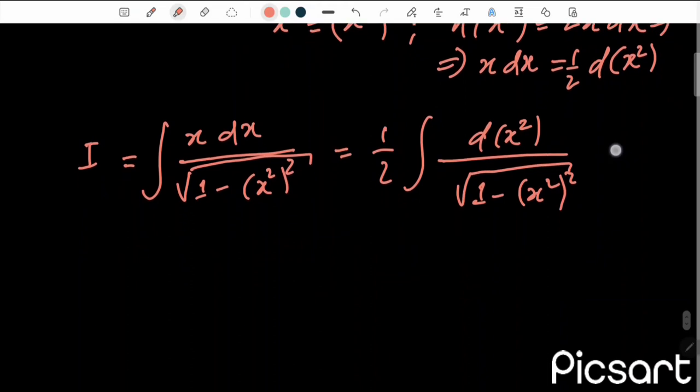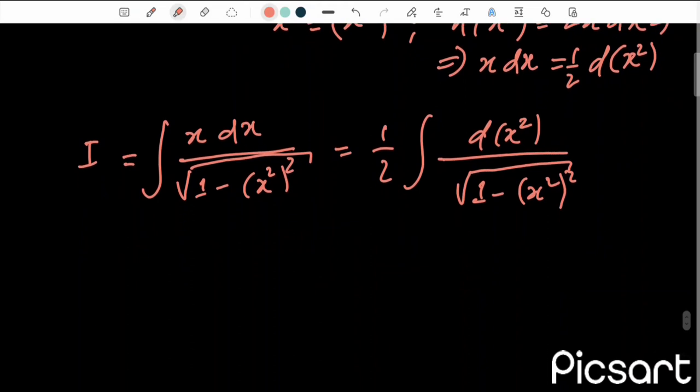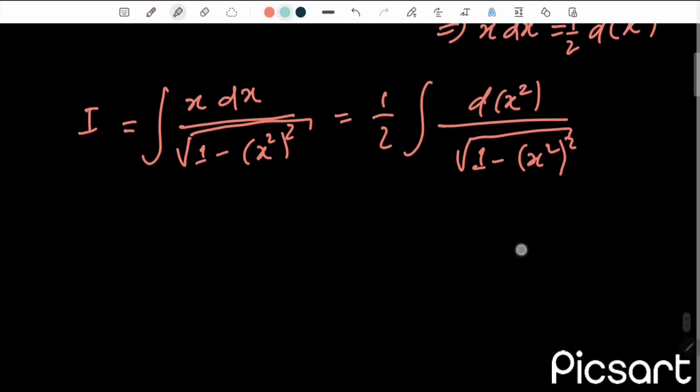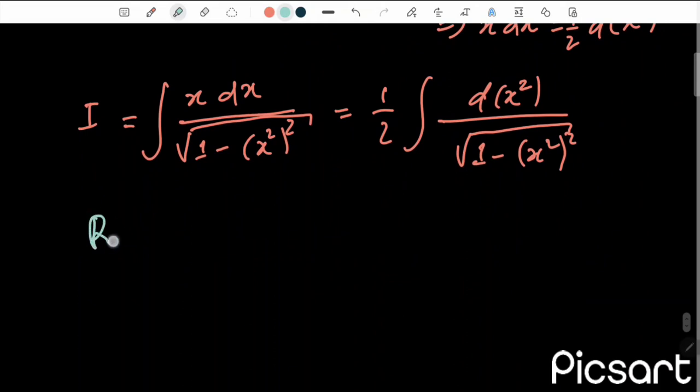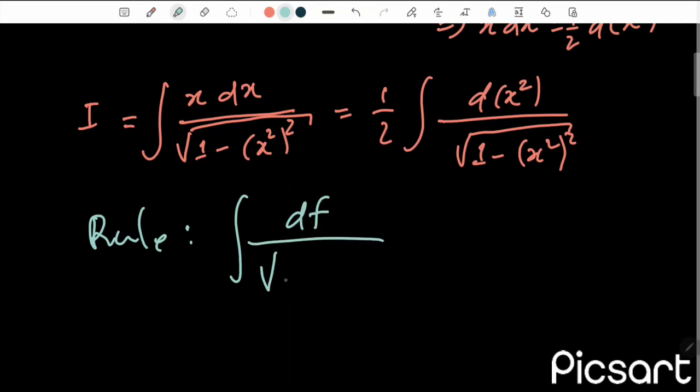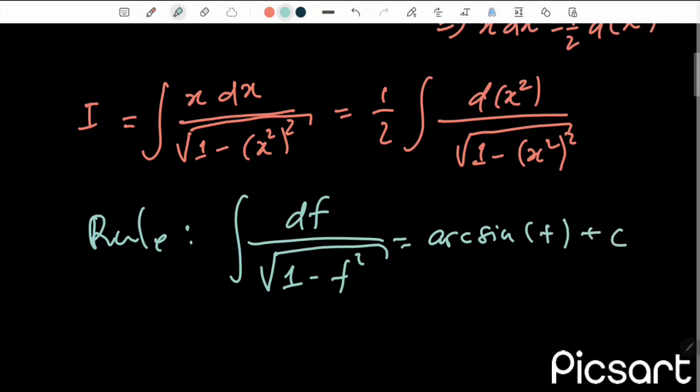Okay, from here now we must remember that the integral of df over the square root of 1 minus f squared is equal to arcsine of f plus c.